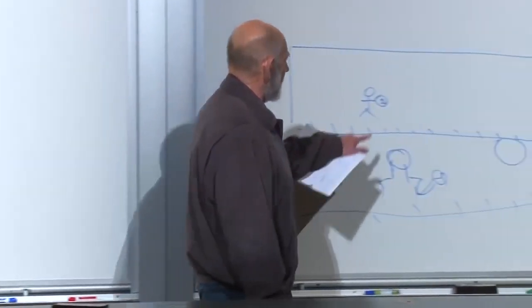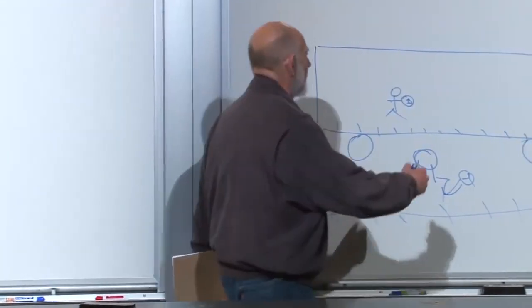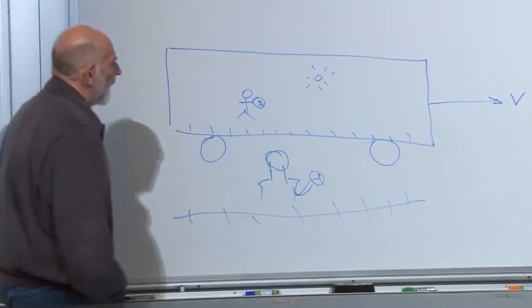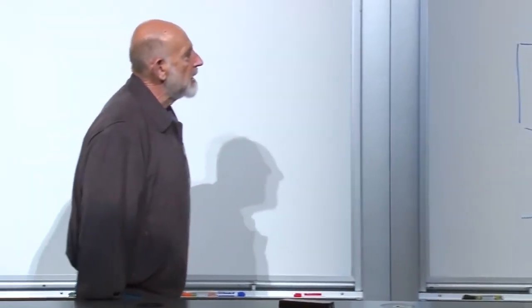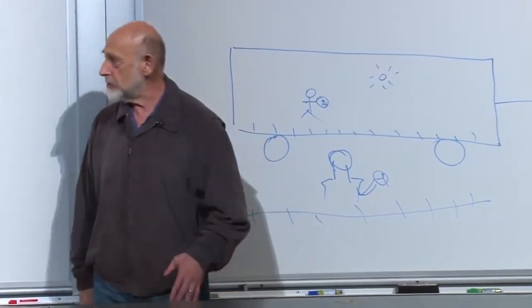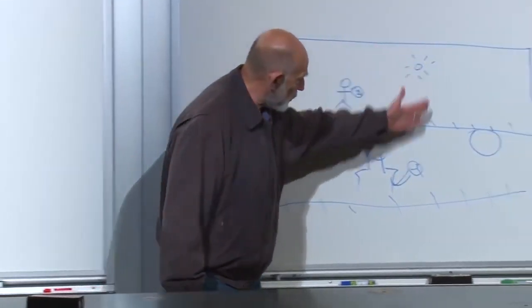It doesn't matter whether it's in the train or outside the train. Let's say in the train for convenience. A flash bulb goes off over here at a time that the stationary observer reckons to be t, at position x.